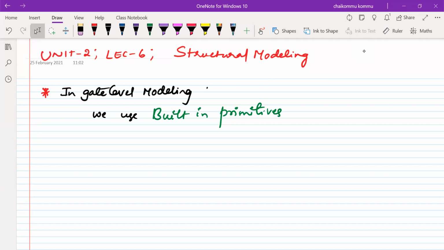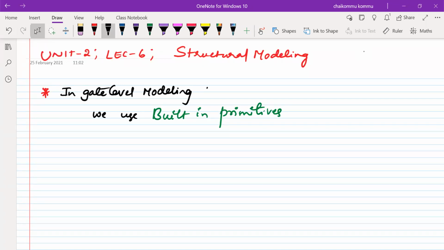By making the interconnection of these built-in primitives, we construct some kind of digital circuit, and we describe that digital circuit. Why is it called a built-in primitive? Its definition is already available, right?